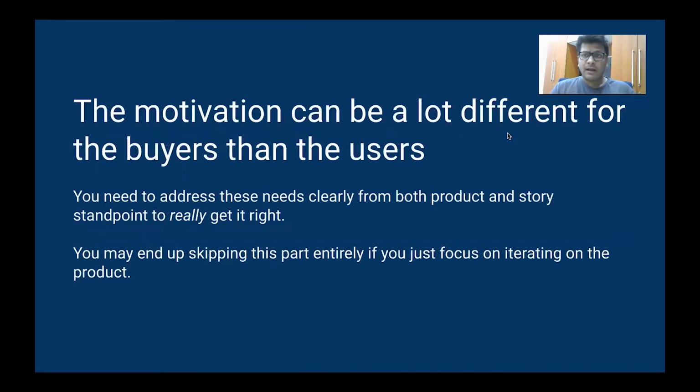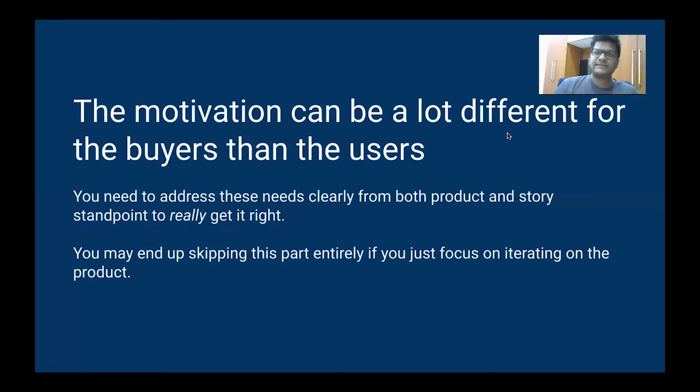And extending on that, in the B2B space, that motivation differs from buyer to user. In the B2C space, someone who's purchasing the app is also someone who's using the app. But in the B2B space, the buyer's motivation could be very, very different from the user's. So you need to really understand how those needs are differentiated.